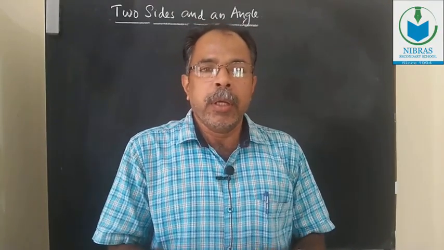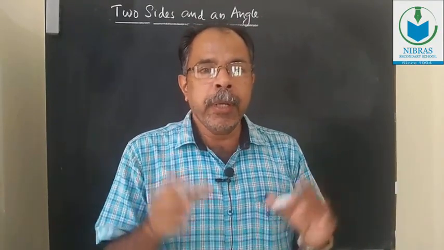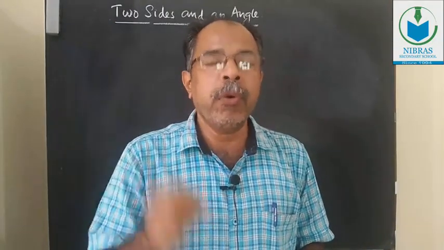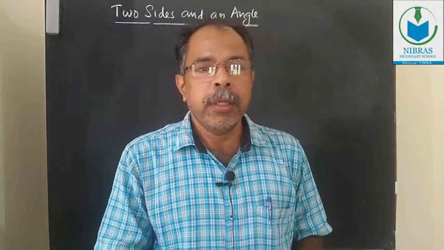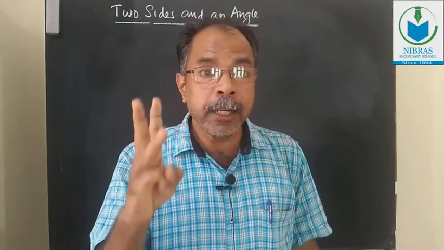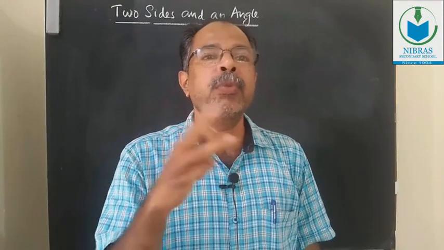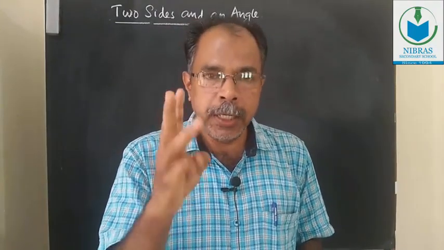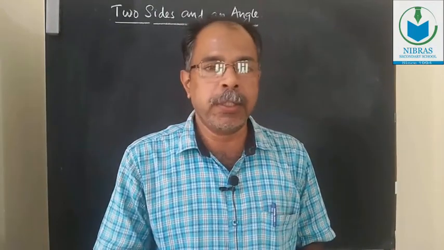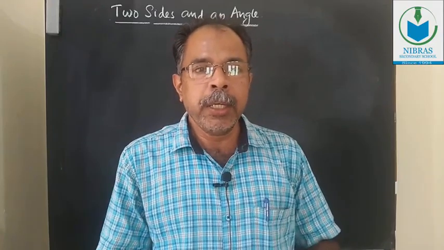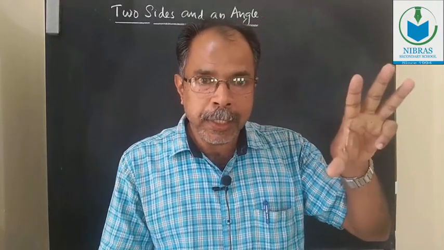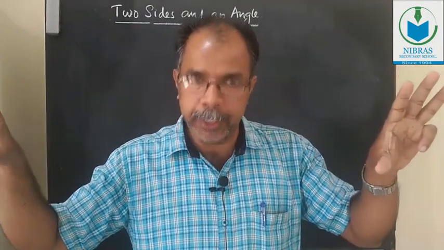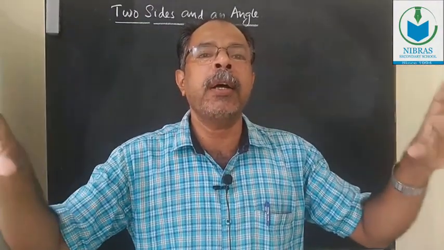Okay. The last condition we learned is the first condition for equality of two triangles. There are three conditions for two triangles to be equal. First condition is what we learned in the last class. What is the first condition? If the three sides of a triangle are equal to the three sides of another triangle, then these two triangles are equal.